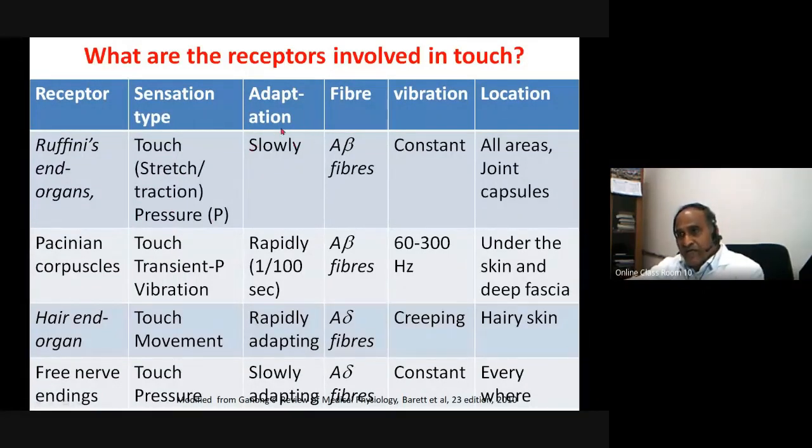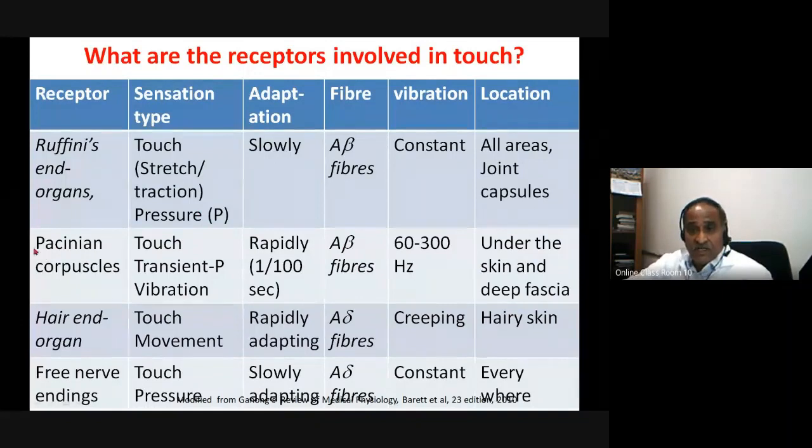They are slowly adapting, carried by A beta fibers. They continuously send impulses; they are not for vibration. They are mostly present in and around the joint areas, the joint capsules. They mostly detect proprioceptive sensations because of traction and pressure.